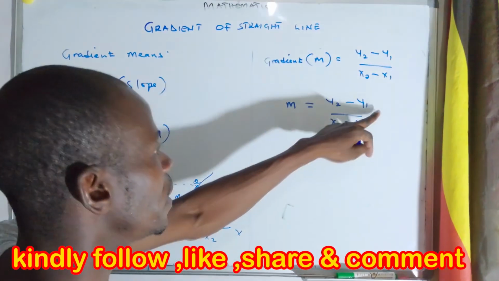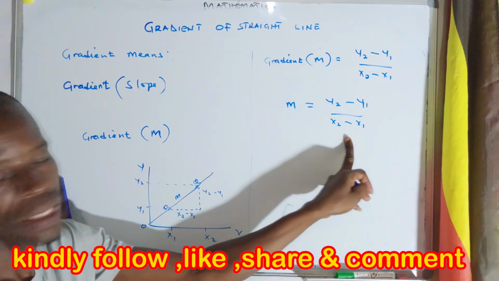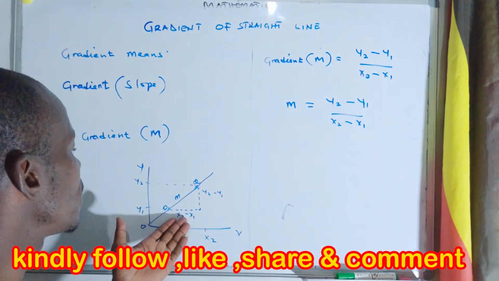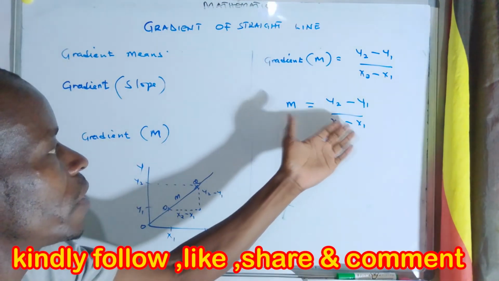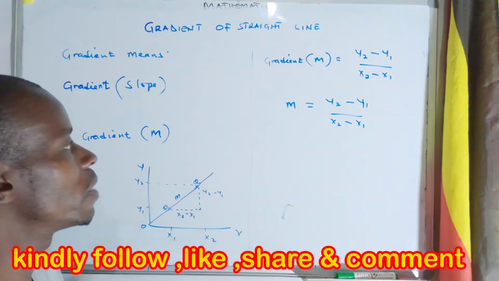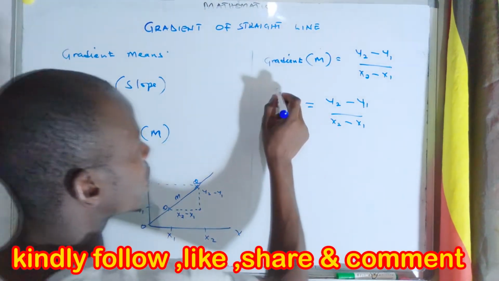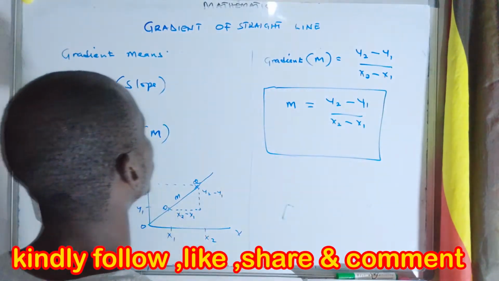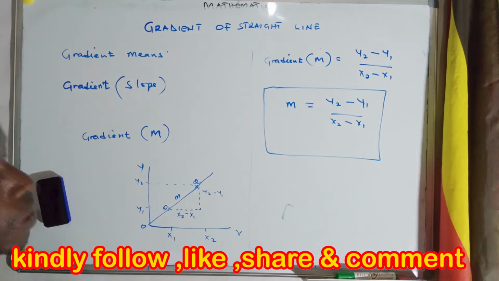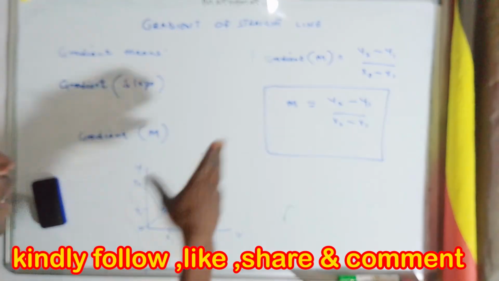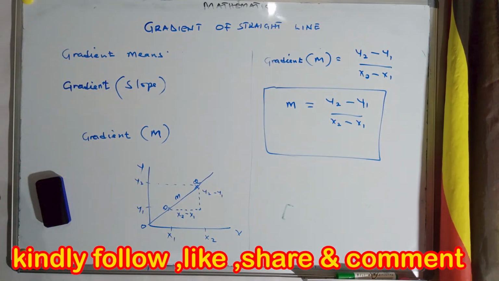This is change in y coordinates over change in x coordinates. So if you have the points, you just take the y2 value minus the y1 value, over x2 minus x1. That's how we solve the gradient of a straight line. If somebody tells you to find the gradient of a straight line, this is the method.